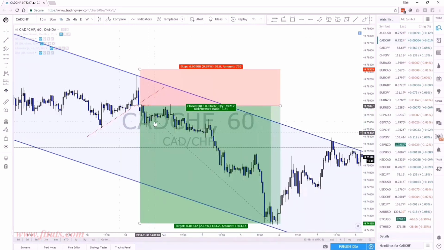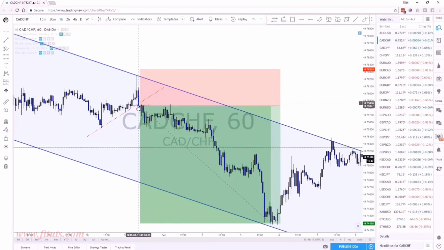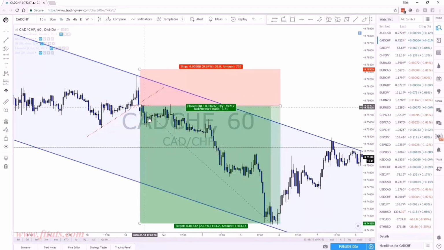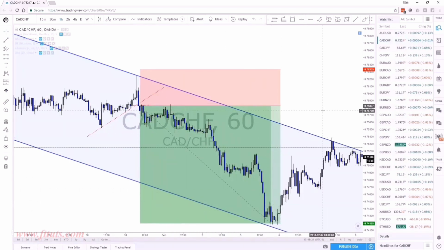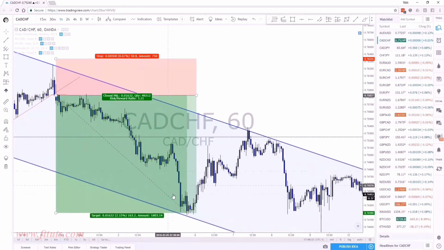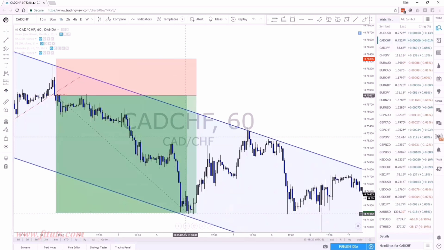We had it come up here, kind of freak you out, do a quick push up in the beginning of that first hour, but then it was just all drop city from there. And it came all the way down, and actually we would have had a great exit here because the exit was the bottom of the channel.